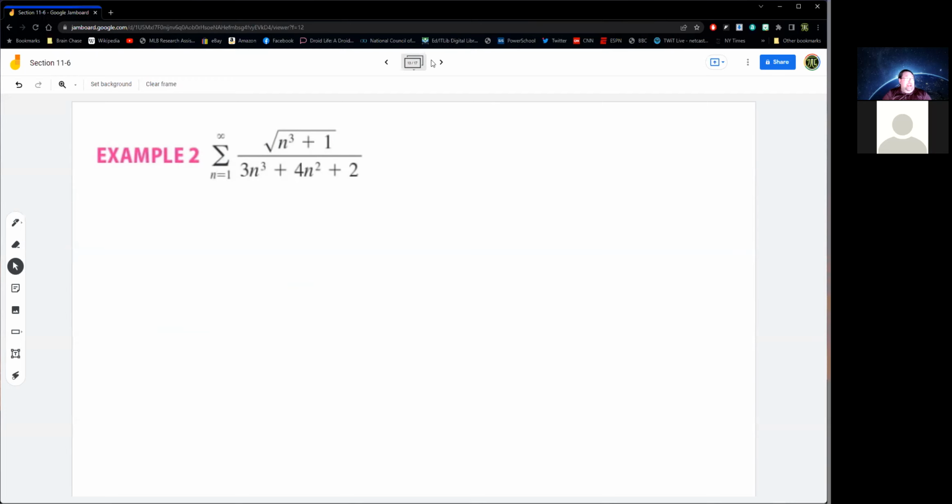This one, actually, the easiest way to do it is we can do something similar to what I was just doing. I know the biggest term on top is 3 over n to the 3/2. The bottom is 3n to the 3rd. If I clean this up a little bit, I have 1 over 3n to the 3/2.